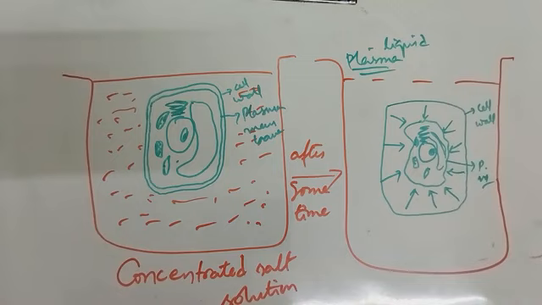So here what happened? Exosmosis has taken place. What is exosmosis? When water moves away from the cell, from inside to outside, it is called exosmosis. Exo means outside. Water is moving outside.